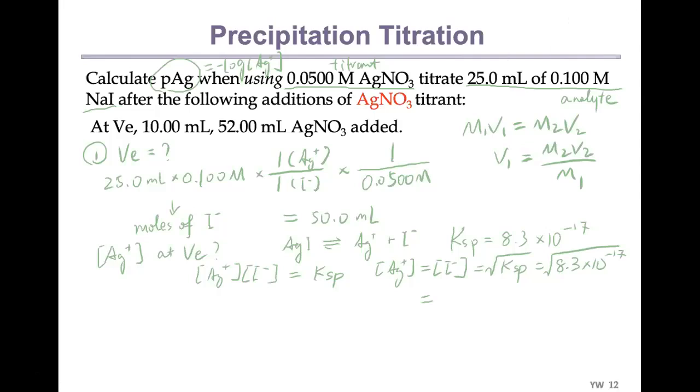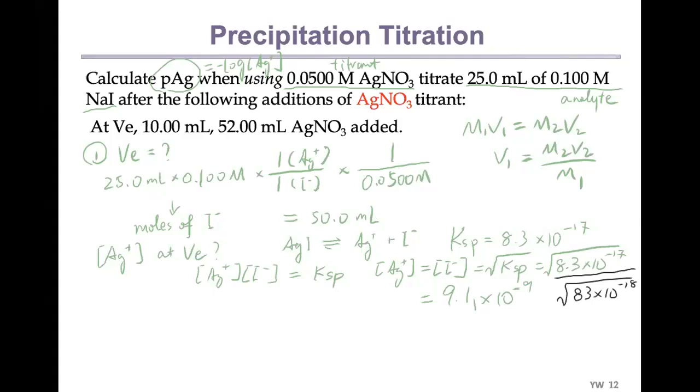Thank you everyone for putting your answer in the chat box. So it's 9.1, or if you want to keep one more digit, 9.11, times 10 to the negative 9. Just a quick note: when you're using a calculator for this calculation, you can convert it to 83 multiplied by 10 to the negative 18.